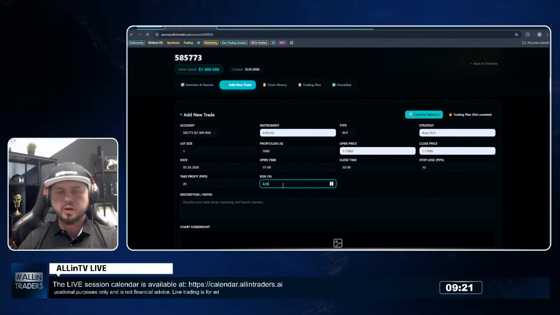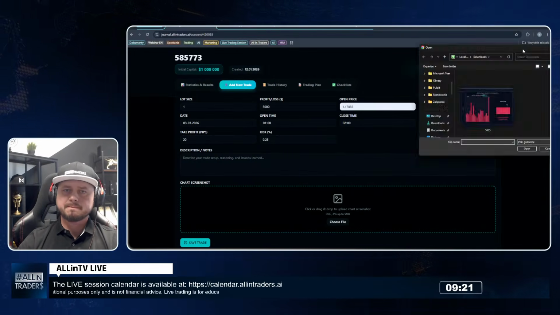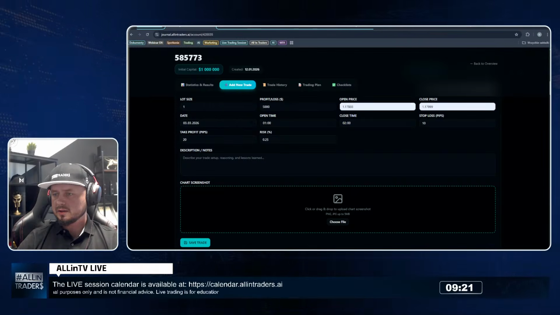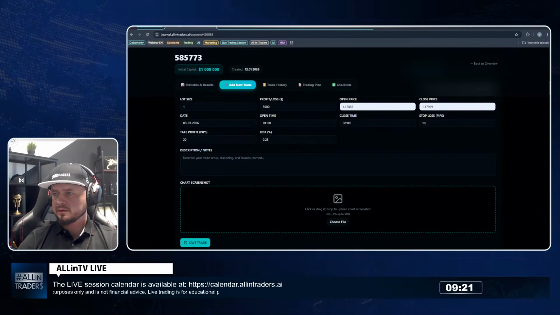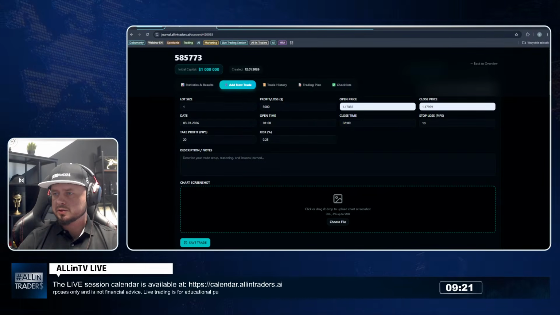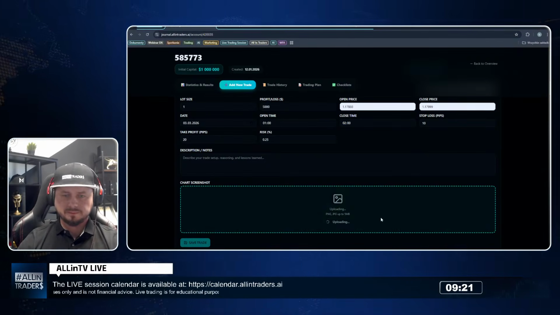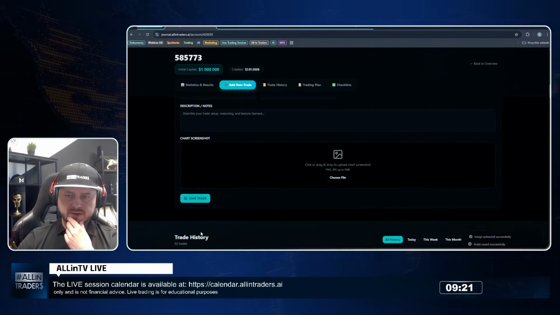Risk 0.25%. And let me just choose the file. Live sessions March. Okay, basic buy. And this is the trading plan. Okay, so I'm going to save it.